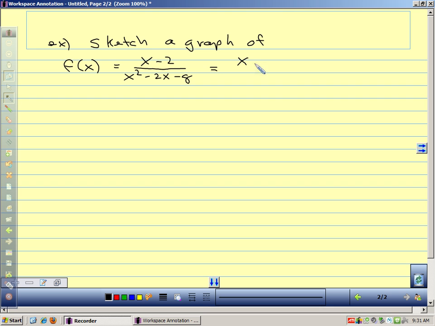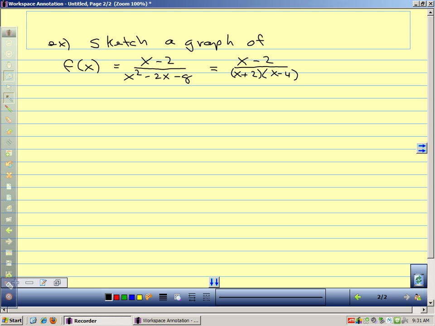So I'm going to rewrite that as x minus 2 over, and when I factor this, I get a 2 and a 4, and we're going to do a minus 4 and a plus 2. So this denominator factors to x plus 2 and x minus 4. It doesn't matter what order you find the things in.